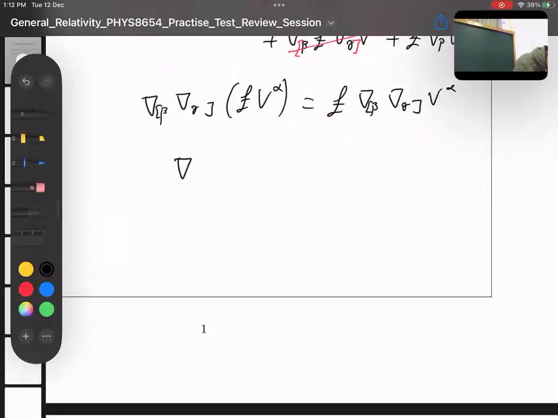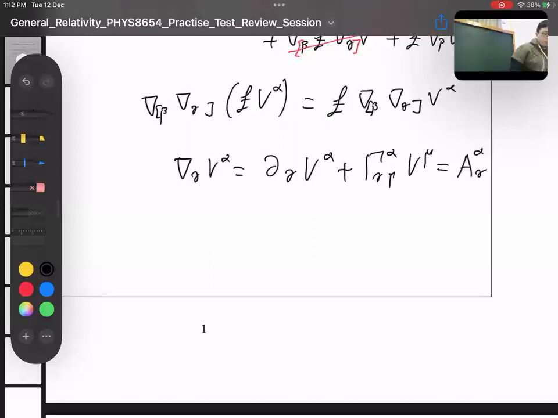So we do the partial gamma b alpha is equal to this one, gamma b alpha plus gamma mu b mu, and I'm going to define this as a new tensor, alpha gamma, because this one has a lower index gamma and this one has an upper index alpha. So I'm just going to define it as a new tensor.